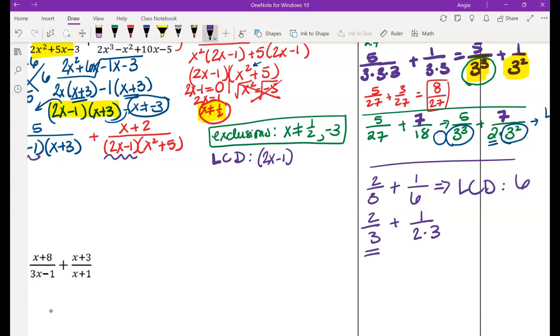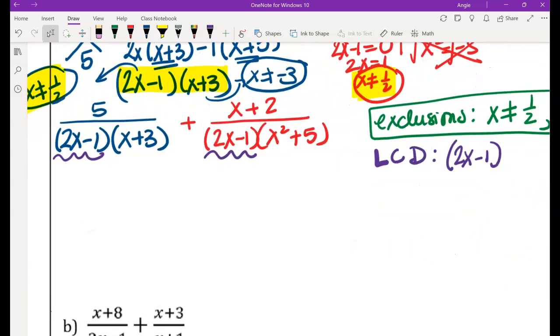Now, 1/3, we don't go and say, oh, LCD is 3 and 3, 3 and 3. That's not correct. That would be 9. So if it has 1 on each side, then we take the 3. Now the 2, it's over here on the right, but there's nothing on the left, but that means we still take that. If it's by itself, then it's part of your LCD. So that's why the LCD is 6 if we were to have 2/3 plus 1/6.